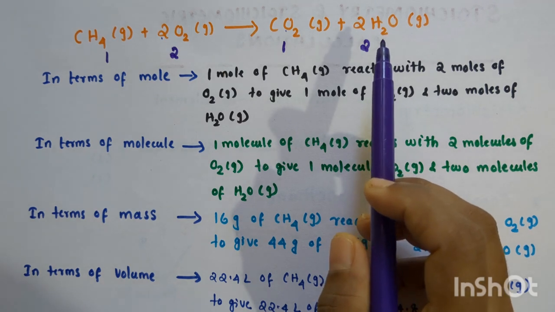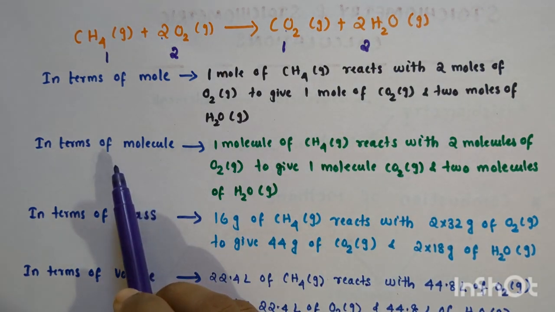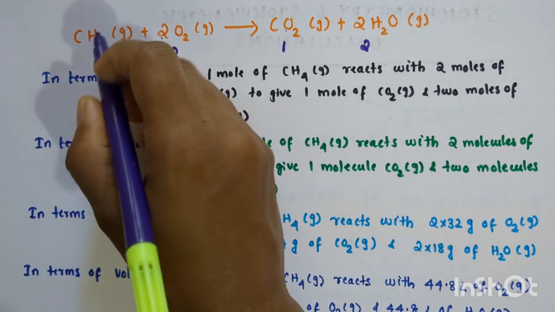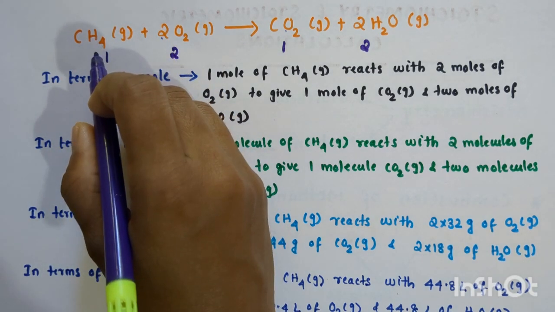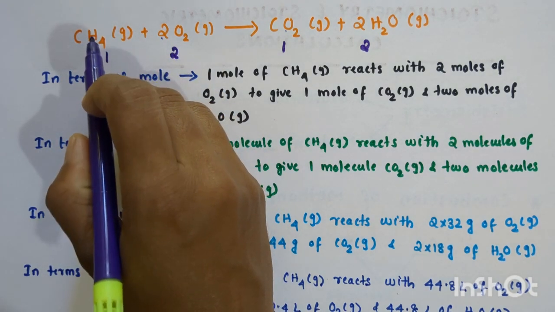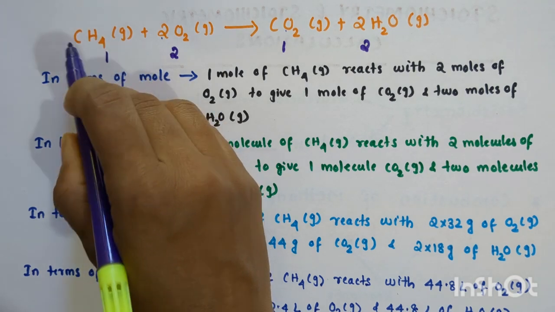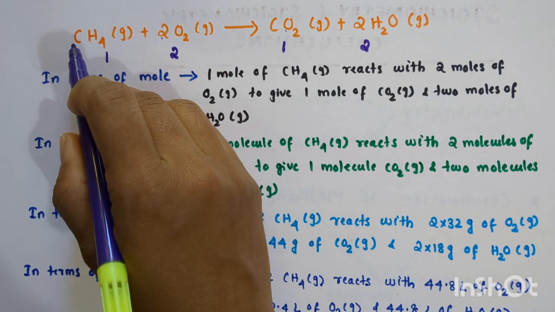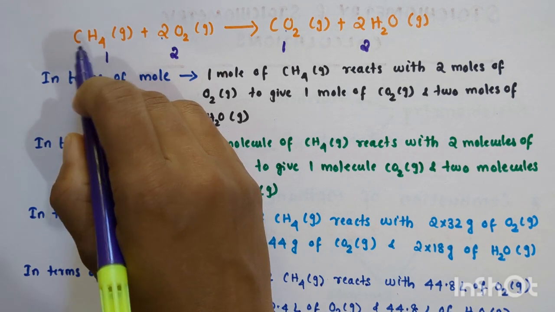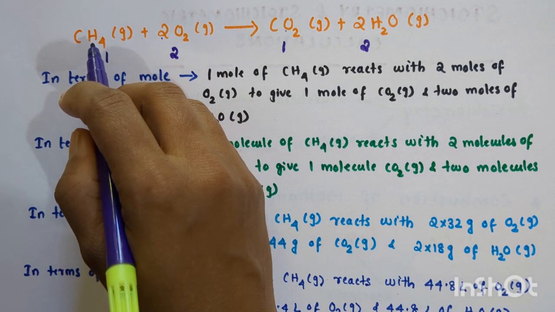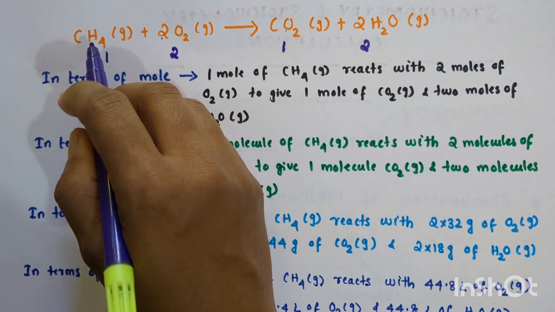Similarly, in terms of mass, here we are approximating the mass of one hydrogen atom as 1. It is actually 1.008, but I am taking it as 1. So for hydrogen, 4 into 1 is 4 gram, plus I am taking the molar mass of carbon as 12.